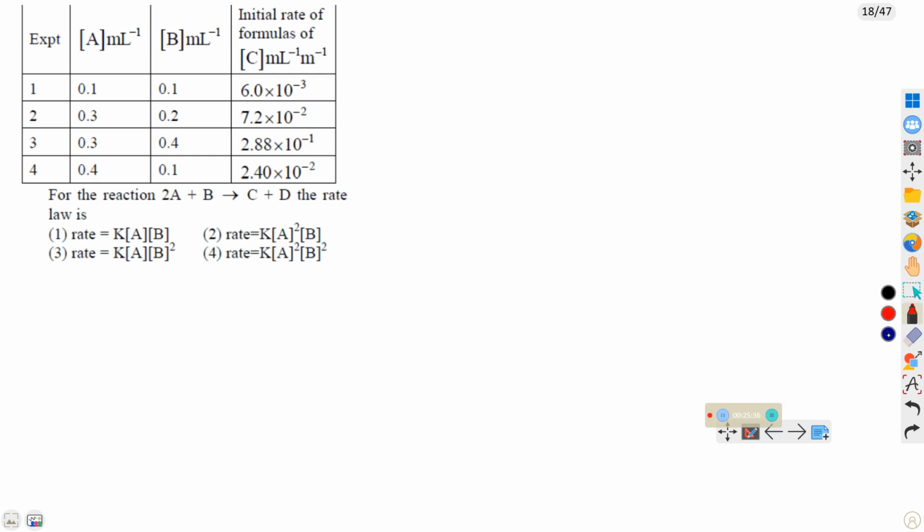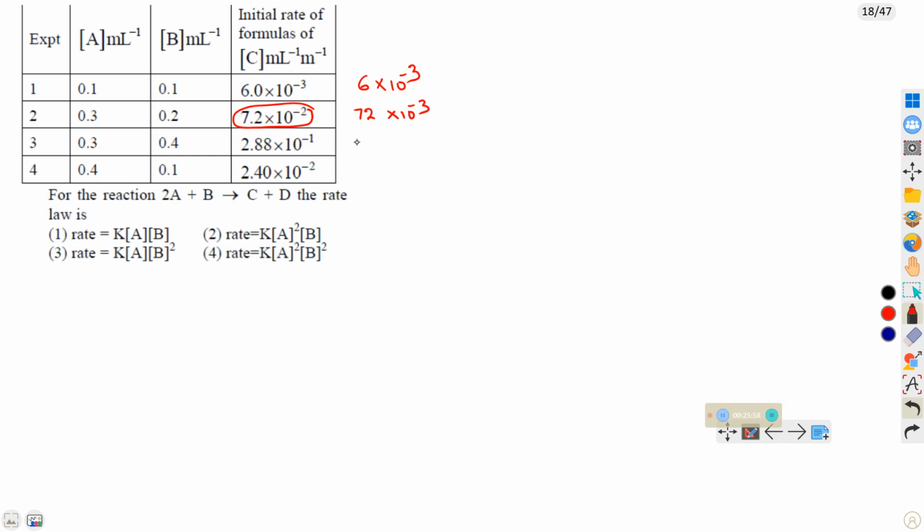Find out the rate law expression. Scientific notations: 10 power minus 3, 10 power minus 2, 10 power minus 1, 10 power minus 2. If scientific notations are the same, then calculation is easy. First one can be written as 6 into 10 power minus 3. Second one as 72 into 10 power minus 3.